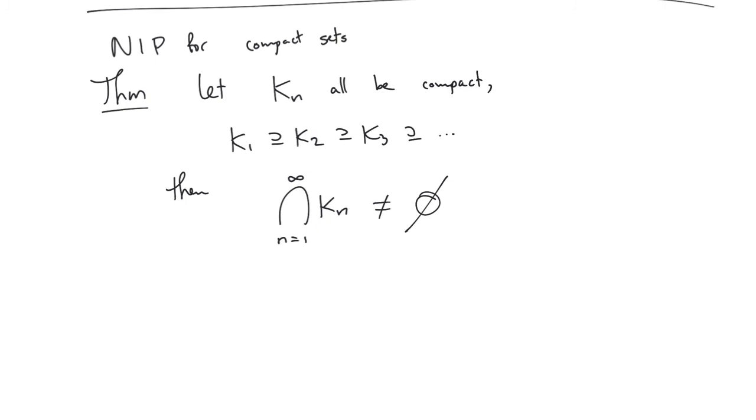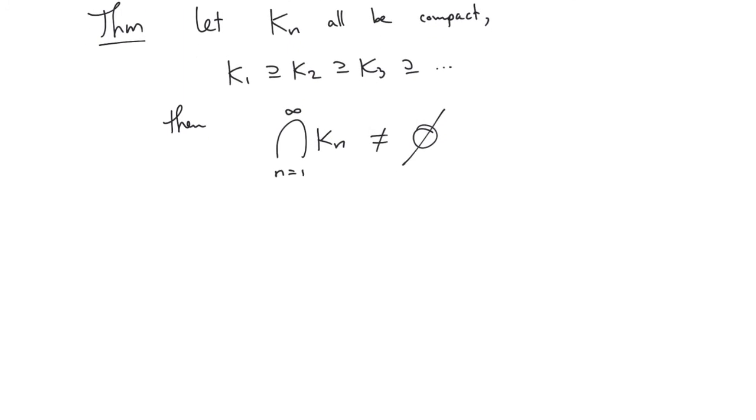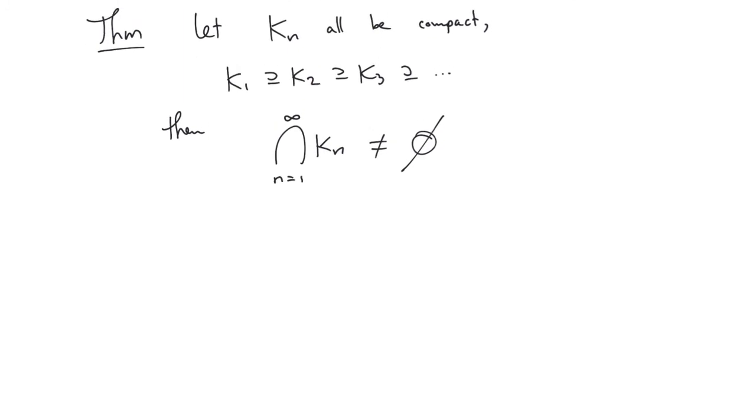So the picture you should have in your minds here is just like the nested interval property, although these things may not be intervals. They might look slightly different, although they're still going to be closed and bounded sets. Although they could be very weird, like the Cantor sets. The picture that I have in my mind, though, is something like K1 is a big compact set.